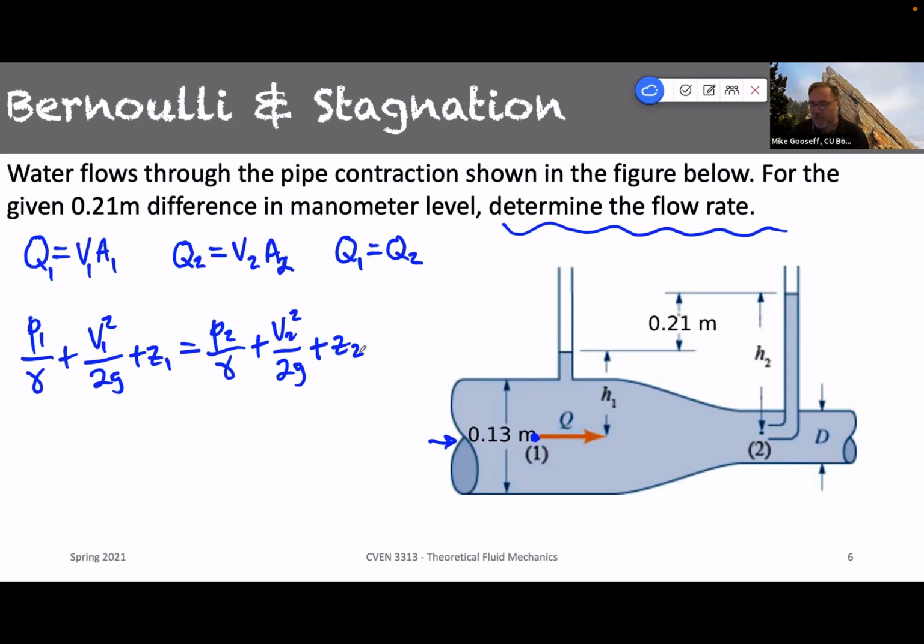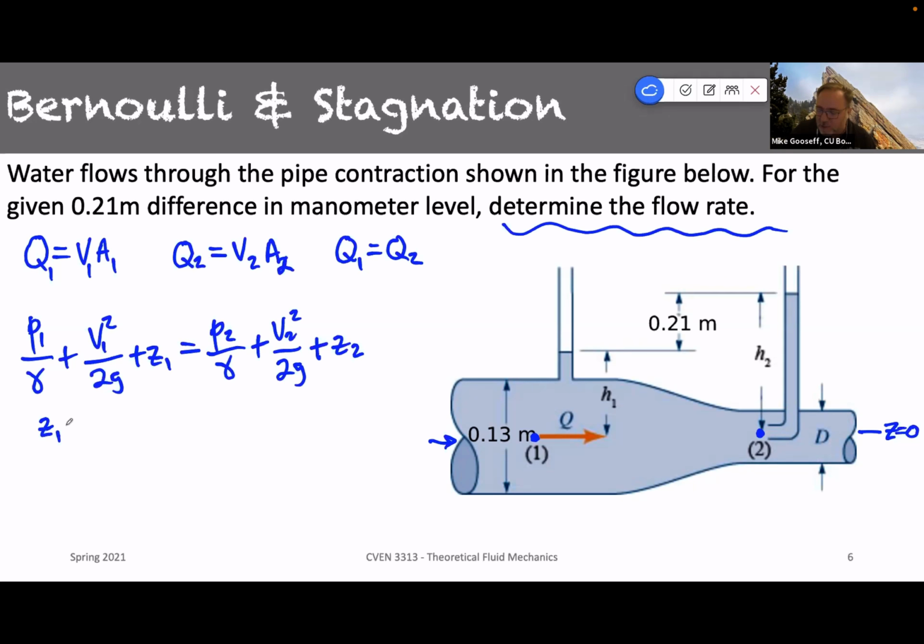The other thing that we can point out is if our datum here is this location, the center line of this pipe, then both point 1 and point 2 lie on that datum, and the z's will go away.